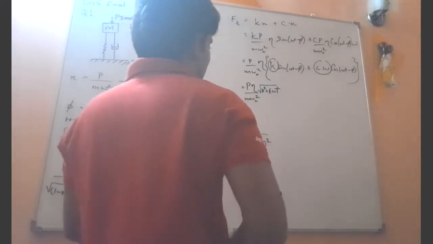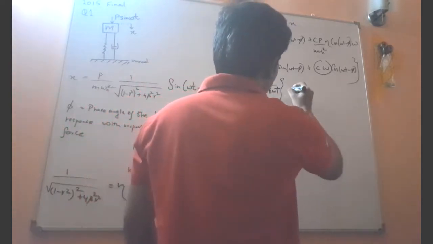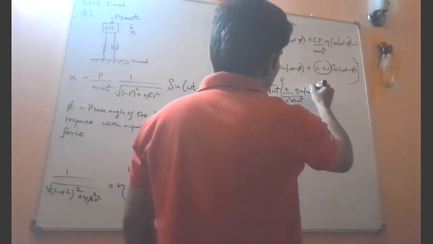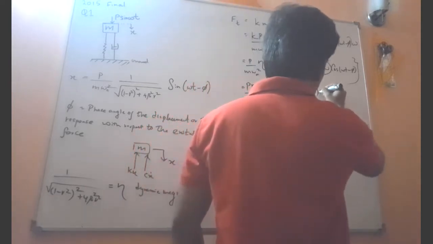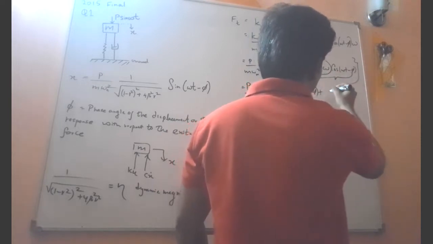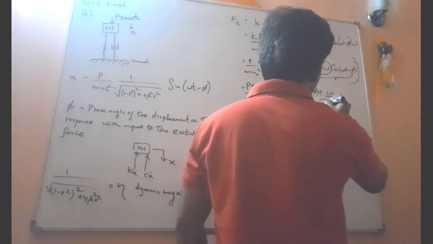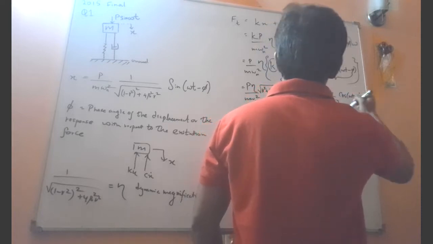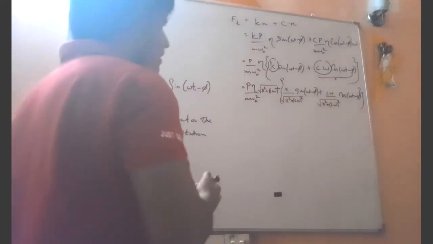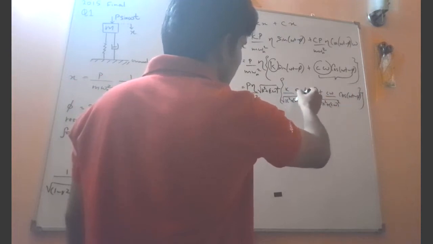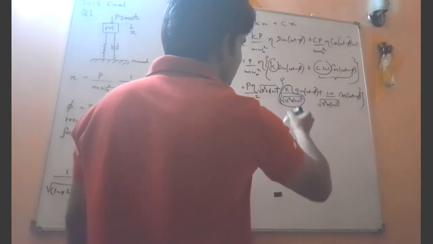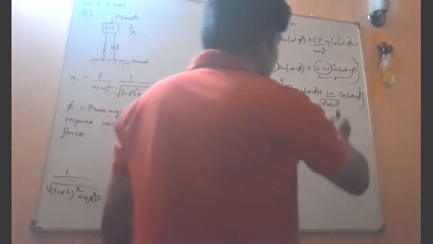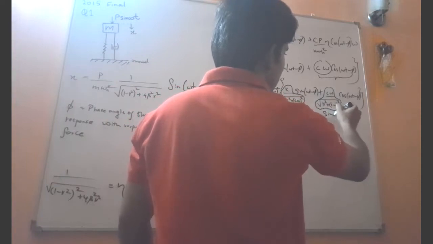Then here, k divided by the square root of k squared plus c omega whole thing squared times sine of omega t minus phi, plus this segment, c omega divided by the square root of k squared plus c omega whole thing squared times cos of omega t minus phi. Now we can consider this k term as cos alpha, and let's consider this c omega term as sin alpha.